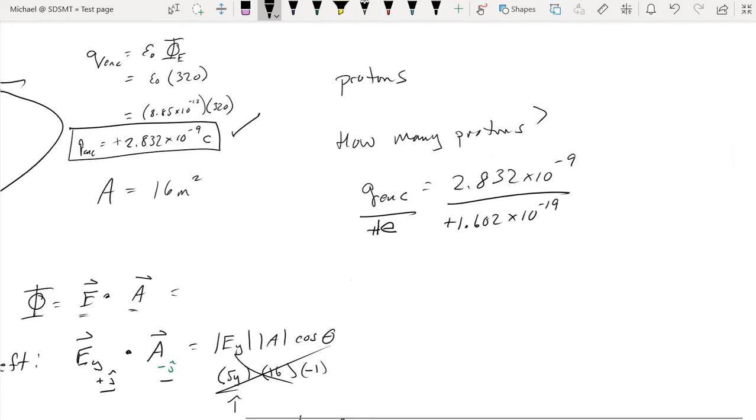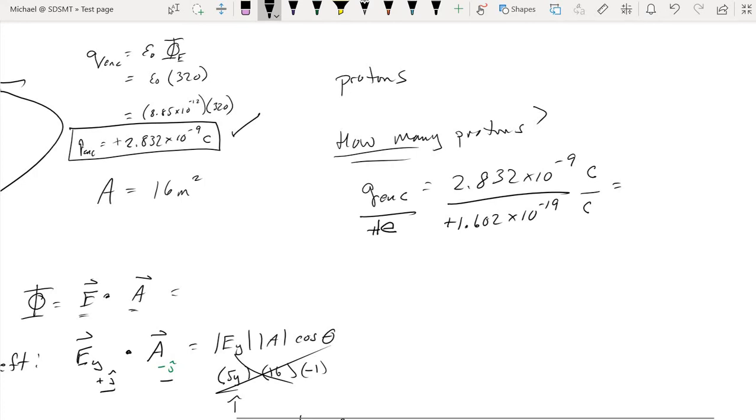The enclosed charge that we have is in coulombs. The elementary charge has units of coulombs, so we're getting a unitless value here, but that's okay because we're asking for a count. We want to know how many.